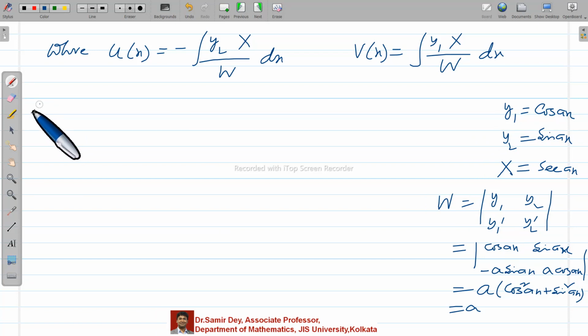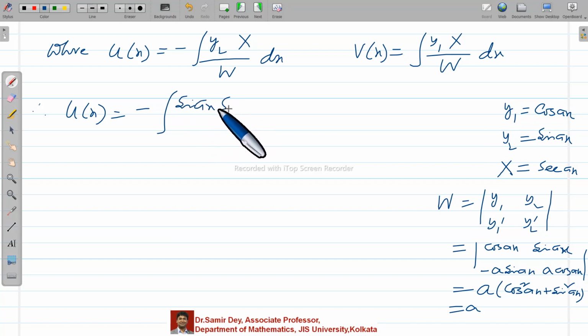Therefore u(x) is equal to minus, that is coming sin ax into sec ax by a. Is it clear? y2 is equal to sin ax and X equals sec ax.